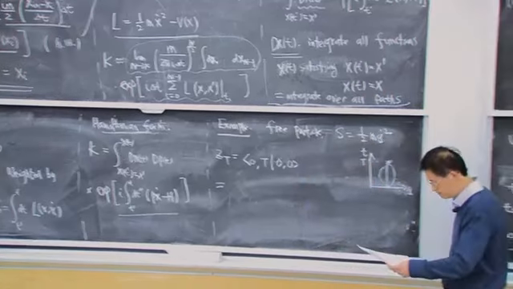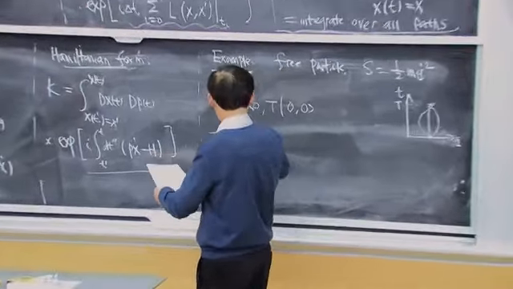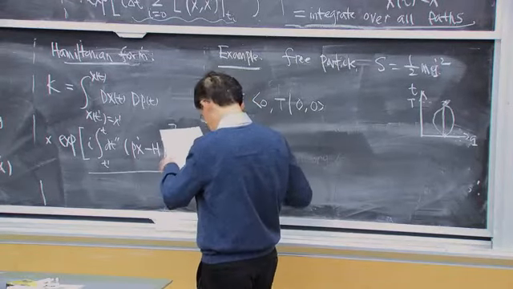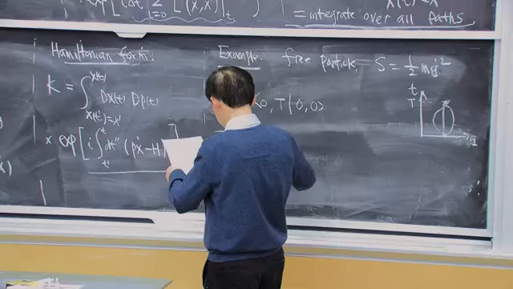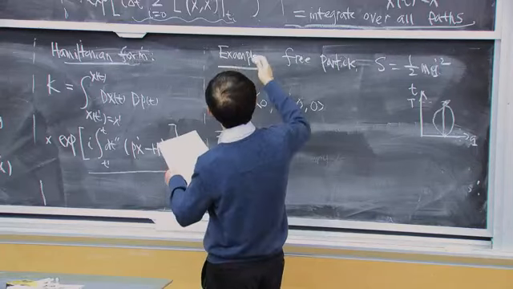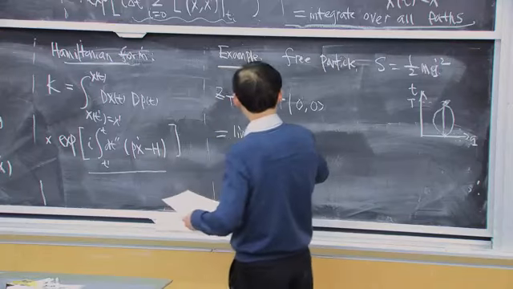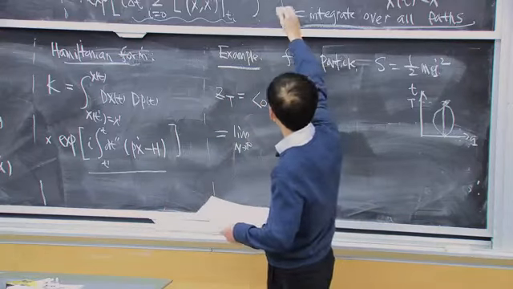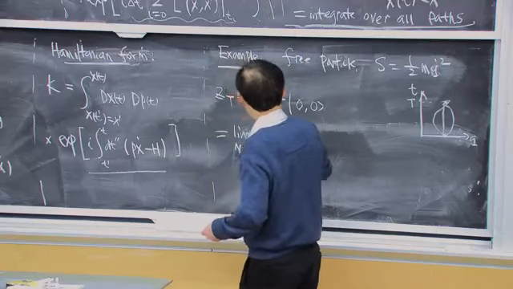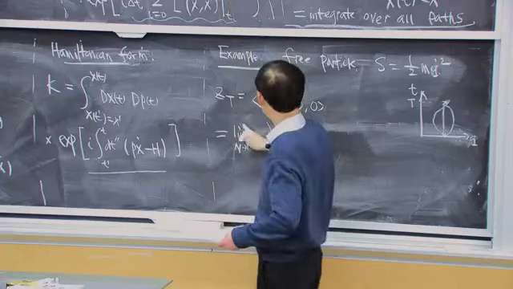So Z(t) is equal to, in this case, the limit n goes to infinity. You just copy this down, just to save time, and change this x_i to q.